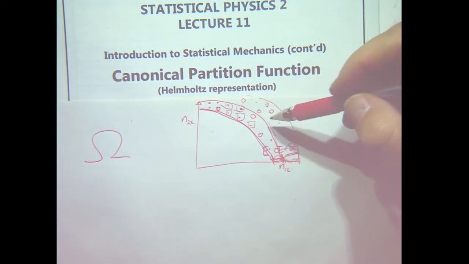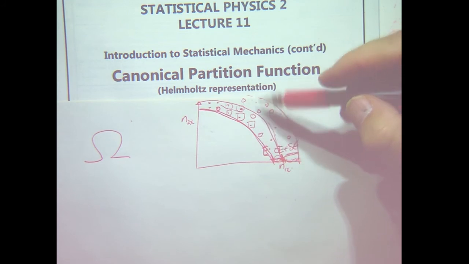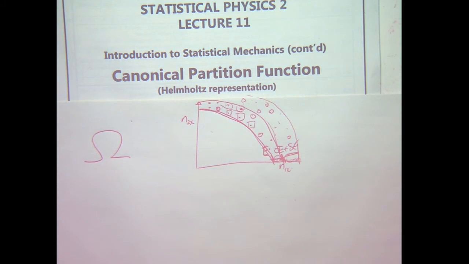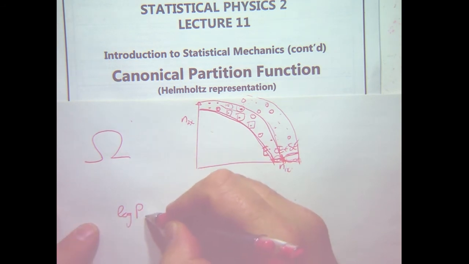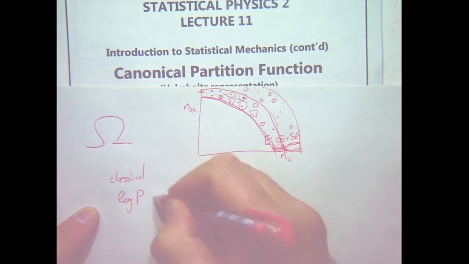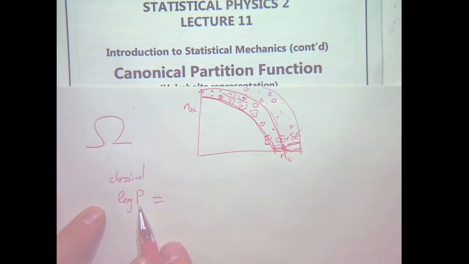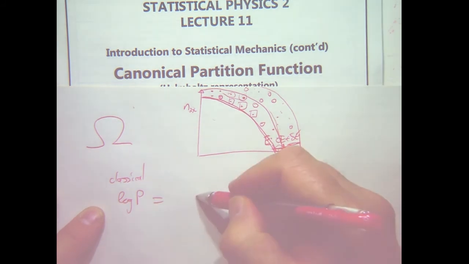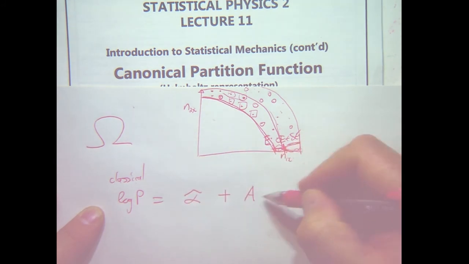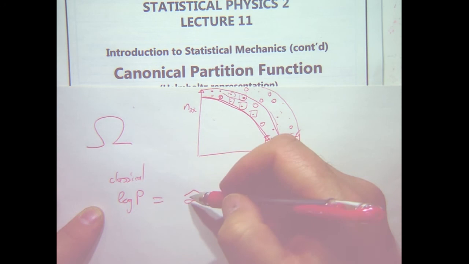Maybe actually the probability distribution depends on the energy. Now remember, in lecture 9 I gave a classical argument that the log of the probability distribution in the ensemble is a constant plus a linear combination of the constants of motion.